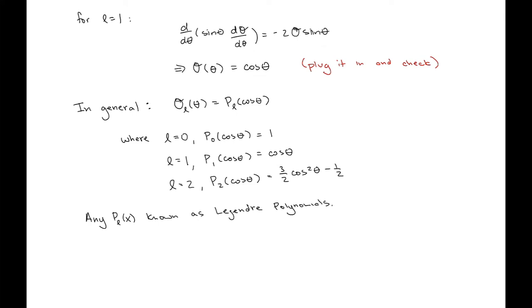In this particular case, we are saying x is equal to the cosine of theta. But in general, they're just P evaluated at some x.